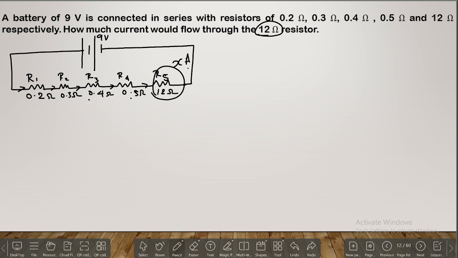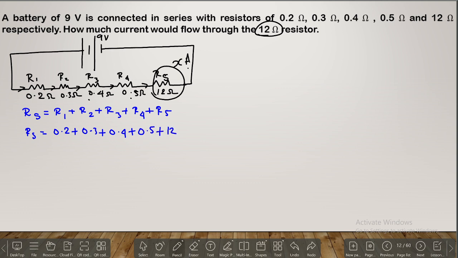To calculate the net resistance, R is equal to R1 plus R2 plus R3 plus R4 plus R5, which is 0.2 plus 0.3 plus 0.4 plus 0.5 plus 12. Adding all these, Rs will be equal to 13.4 ohm.